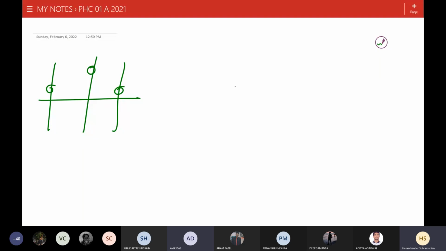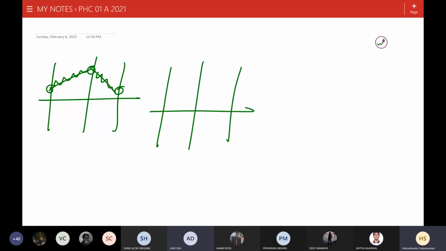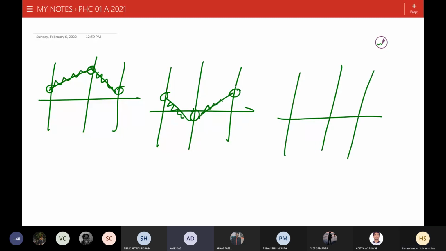I have this scenario where I'm drawing the lines for the springs, and the other scenario is this scenario, and the other is this scenario. There are many other scenarios like this. So in which of those scenarios will there be a force? Let's draw the other scenario as well.